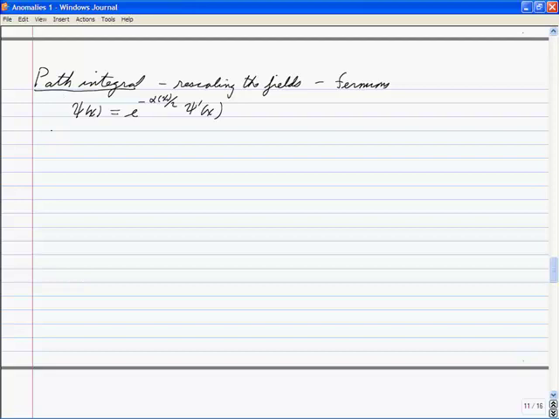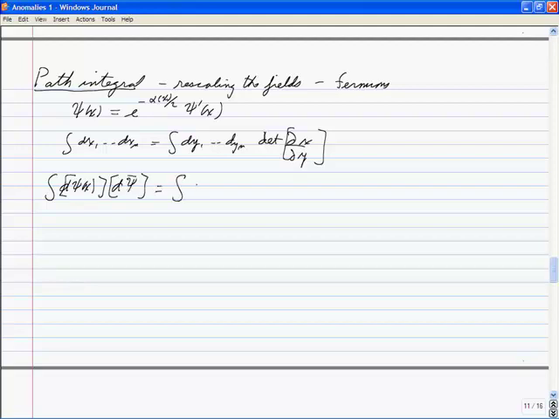Normally if you change variables from dx_1 up to dx_n to dy_1 up to dy_n, the change of variables involves the determinant of ∂x/∂y. So for our case, the path integral measure dψ(x) dψ̄ is dψ' dψ̄' times the determinant of e^{-α(x)}.